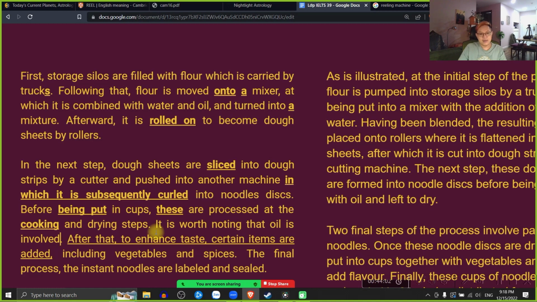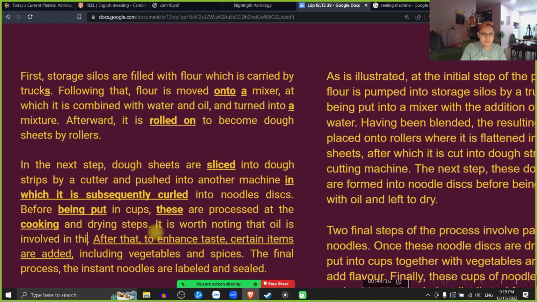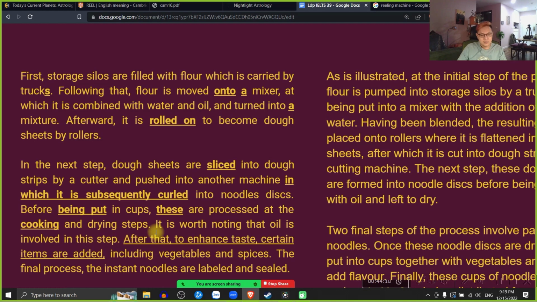Đáng nói rằng là dầu có tham gia vào. It is worth noting that oil is involved in this step. Đáng nói rằng dầu có tham gia vào trong cái quá trình này. This step is basically cooking and drying step.